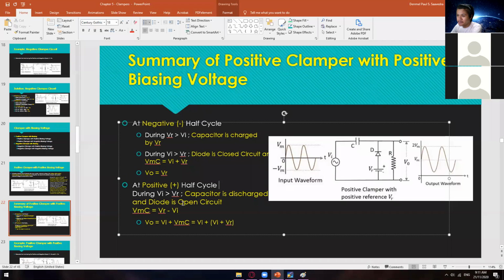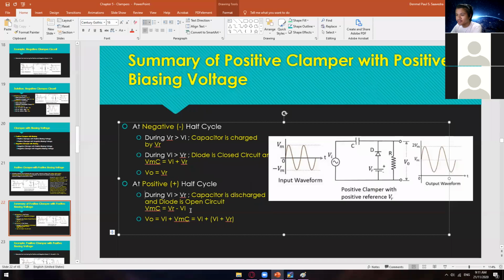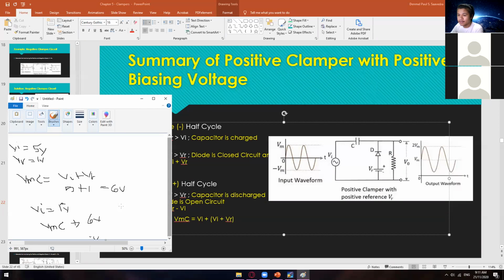Okay, so we only have, during V sub I is greater than V sub R, so if you analyze this one, V sub O is equal to the voltage from the negative half cycle, which is VMC, minus our V sub I. Right, so positively charged and then it will charge negatively.